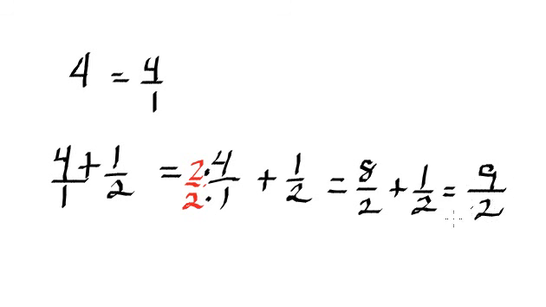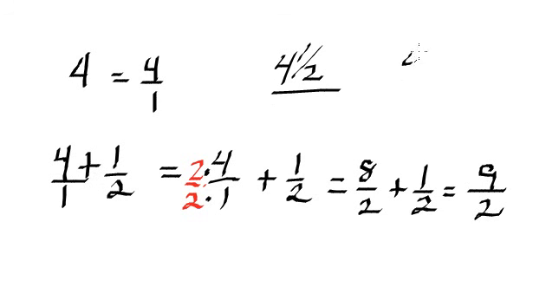So what I need to say now is, if we were to have 4 and a half, okay, so this is like something you might see in construction, right? If you're working in construction, it says 4 and a half on the blueprint. Well, we want to convert that into one single fraction, in this case a proper or improper fraction. You would just simply do it just like this.